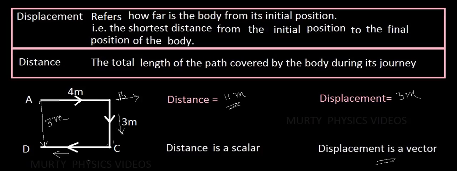That means when calculating distance, we would need to consider 3 directions. That implies distance does not have any specific direction. It has only magnitude, 11 meters. Therefore, distance is a scalar quantity. Displacement is a vector quantity.